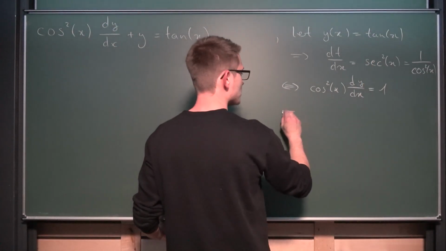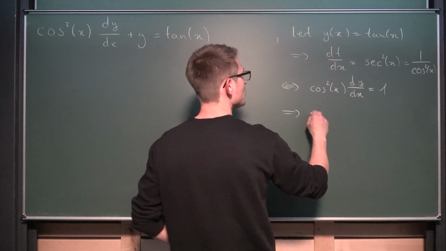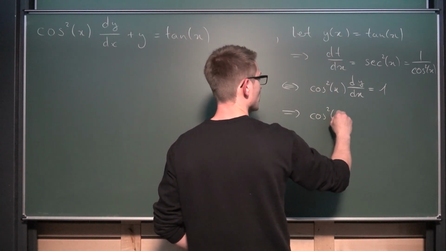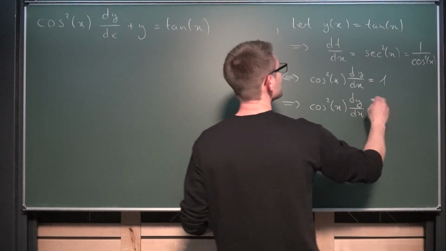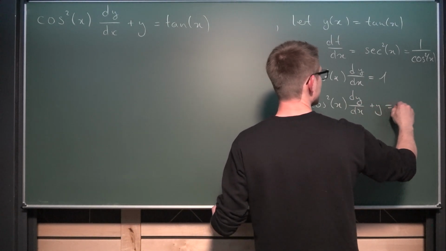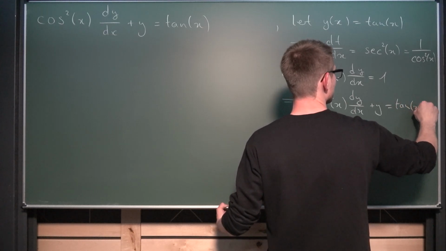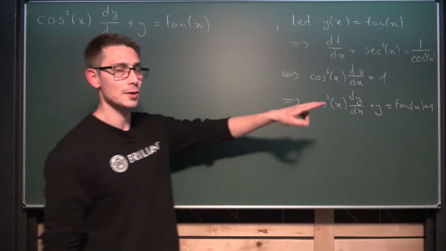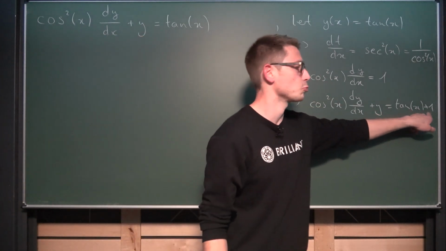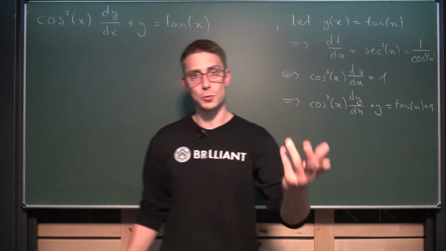And now if we add both our equations together, we are going to get that the cosine squared of x times dy/dx plus y is equal to the tangent of x plus 1. And the only bit right here, which is messing everything up, is the plus 1. So how can we get rid of it?